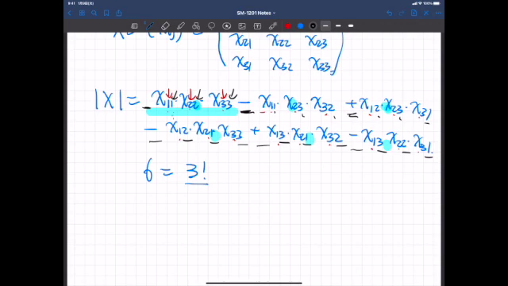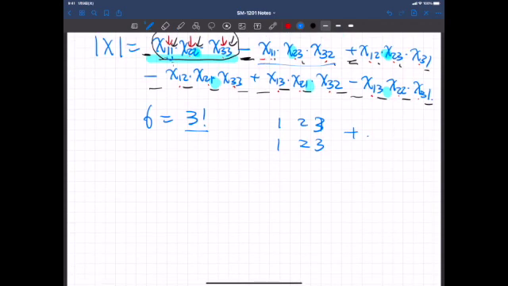Now let's consider this. For example, let's take this one. 1, 2, 3 is paired with 1, 2, 3. In this case, it's positive.